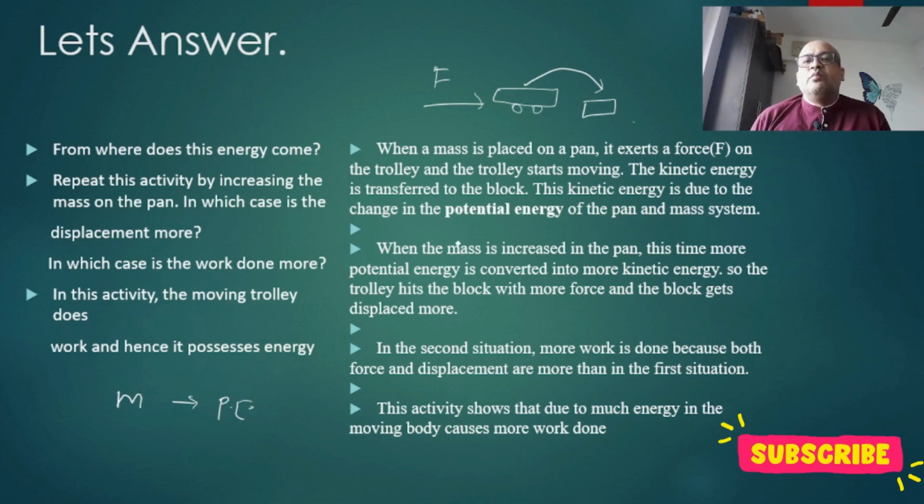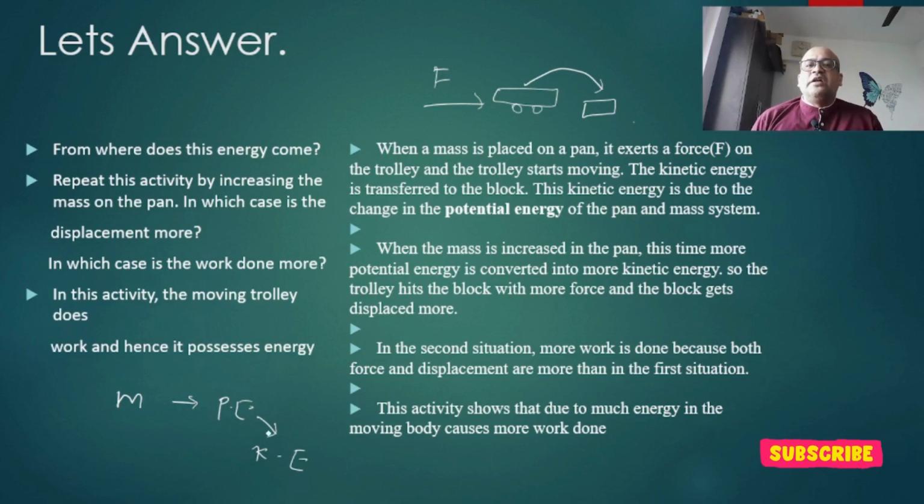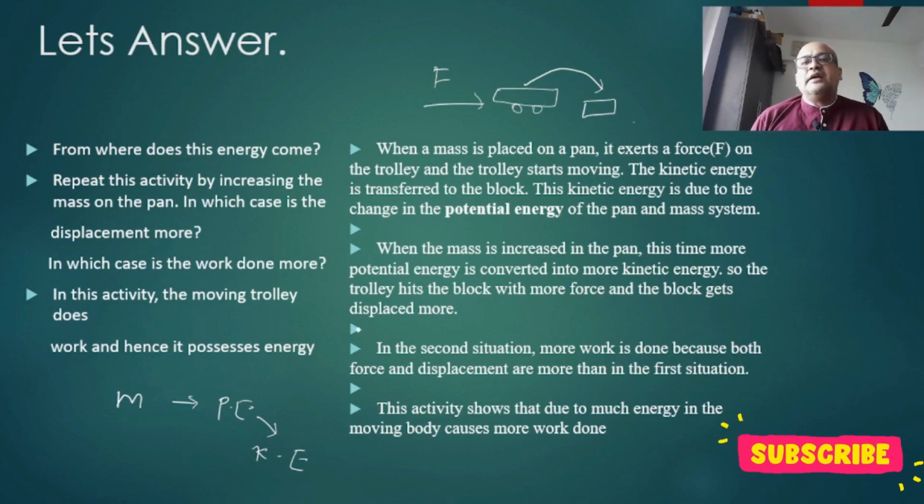So more the mass, more is the potential energy, and more is the potential energy, what will happen? More kinetic energy will be generated. So the trolley hits the block with more force, and the block gets displaced more.